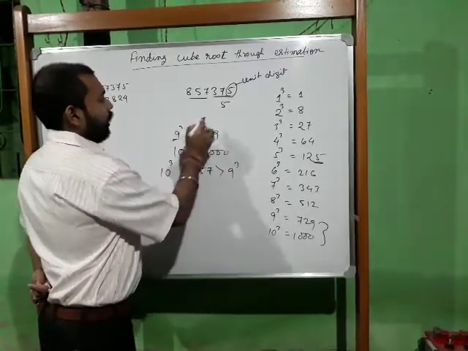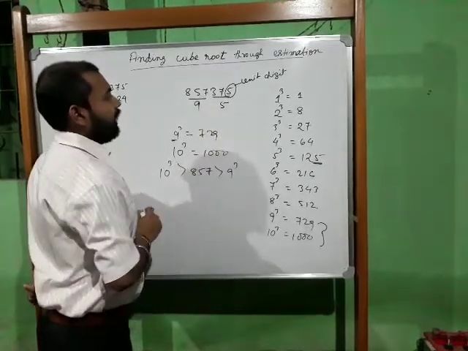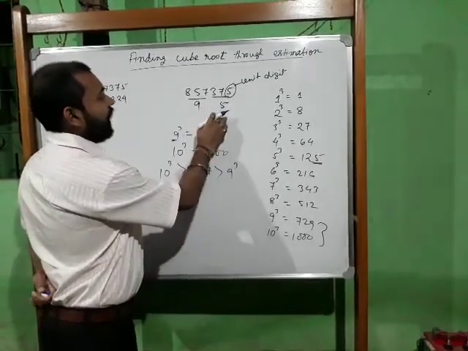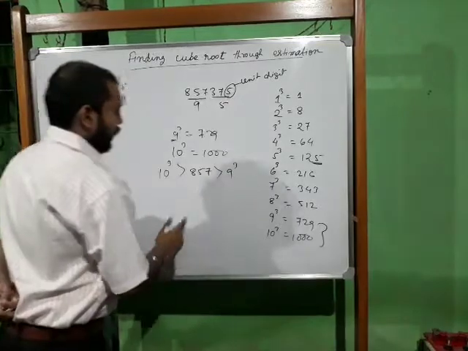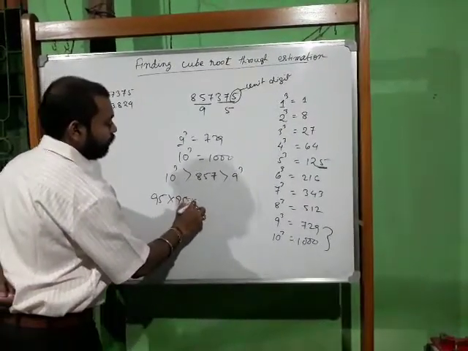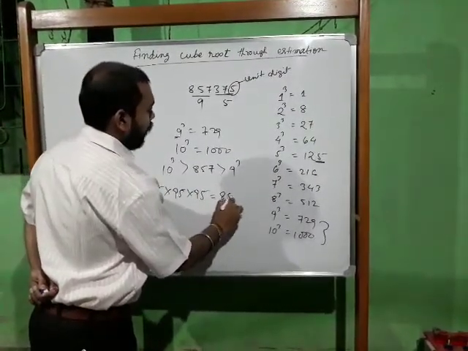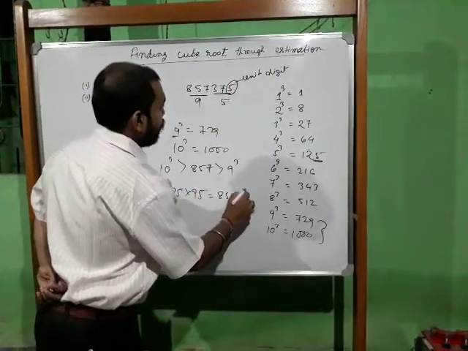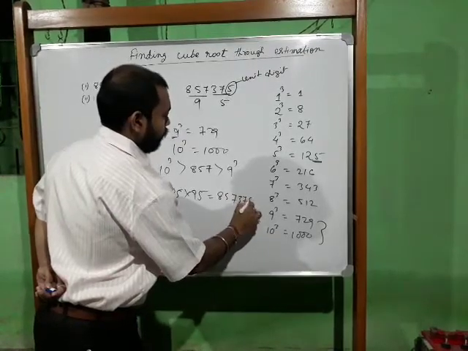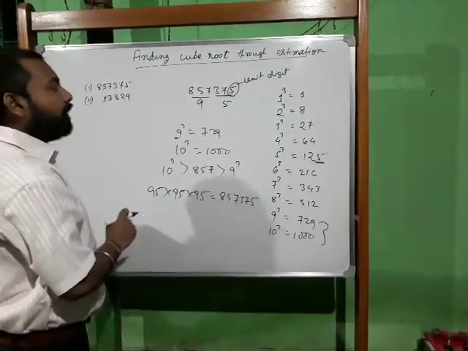So you will write here 9. That means 95 cube. If you multiply 95 into 95 into 95, you will see the result is 857375.